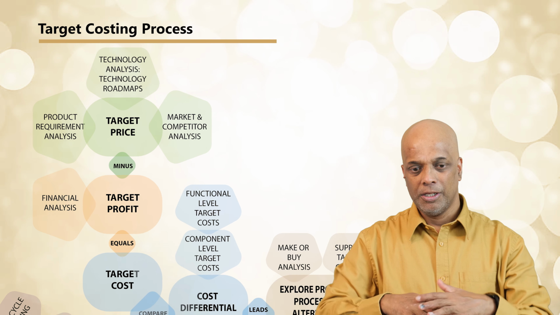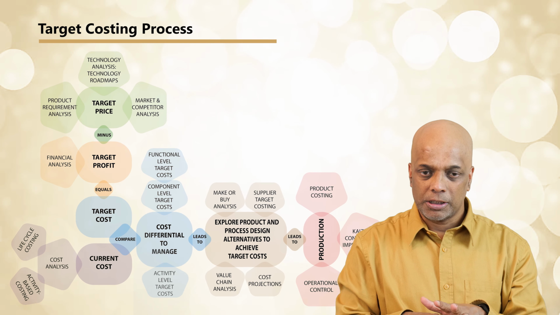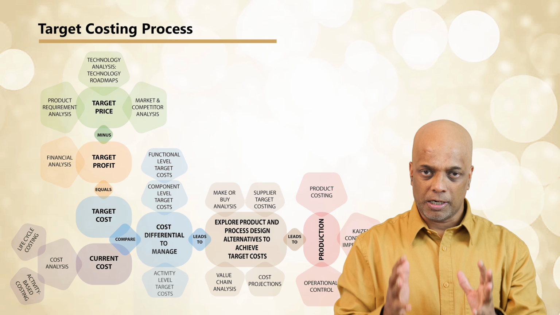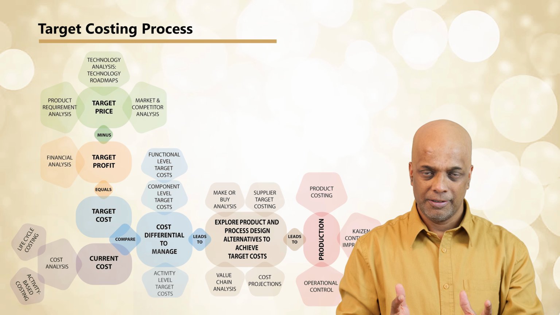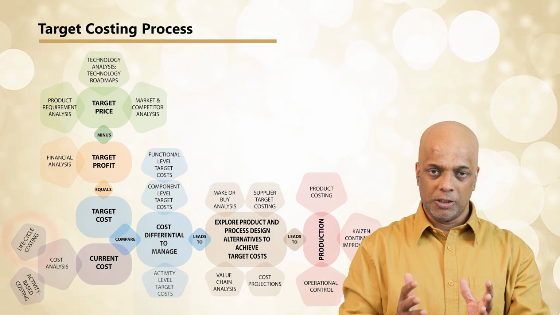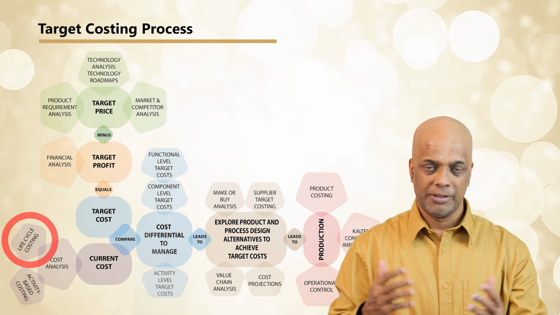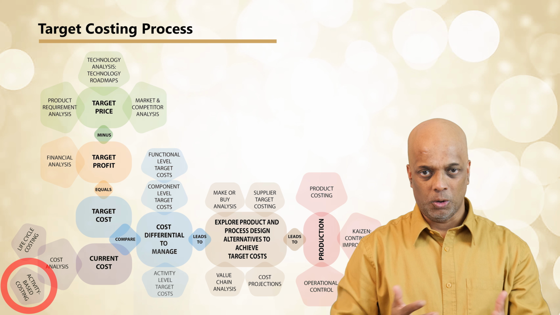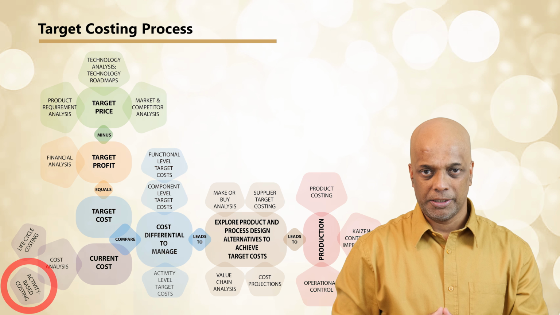And then you have to carry out an analysis of your current cost. You have to estimate and calculate what your current cost of manufacturing, delivering, and so on is. And for that purpose, you may carry out life cycle costing, or you may use activity-based costing or any other costing method.